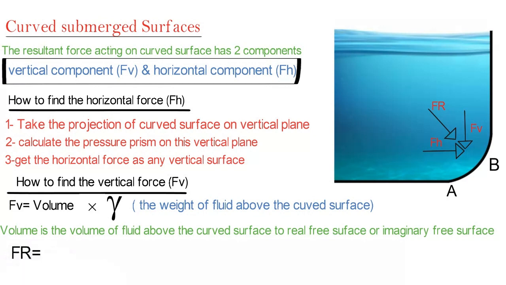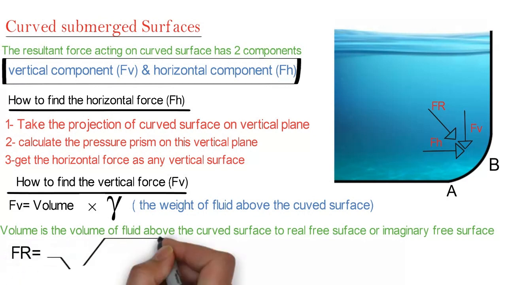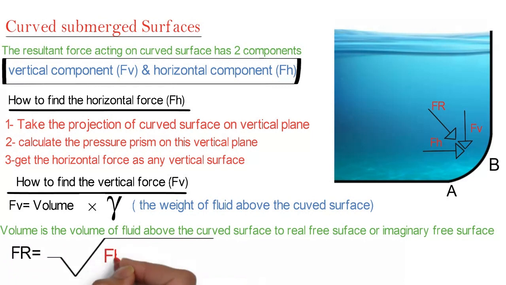In the next lecture we will solve lots of problems, and we will explain the difference between real free surface and imaginary free surface. And then it's easy to calculate the resultant force. It equals the square root of the horizontal force squared plus the vertical force squared. See you later in the next videos.